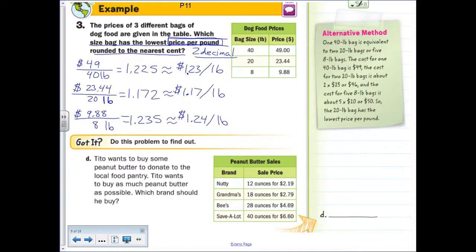So the question was, which size bag has the lowest price per pound? Well, this $1.17 per pound is the lowest price. So the answer to the question is the 20-pound bag.